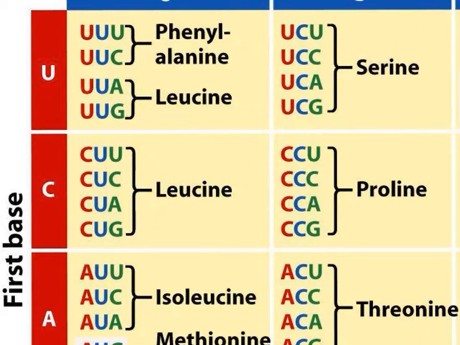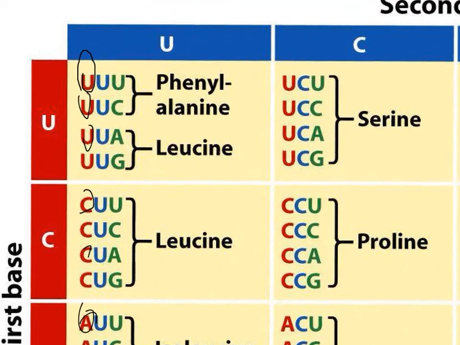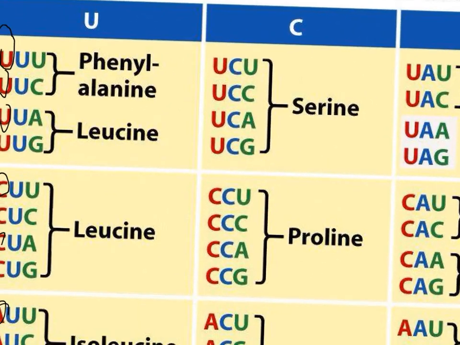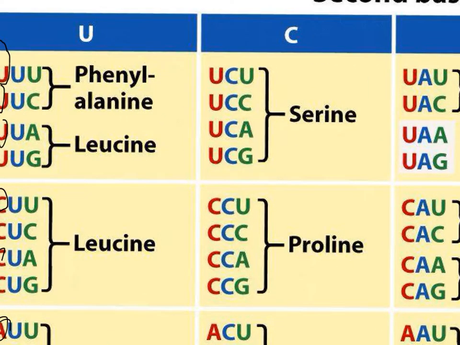The first base is this, that's the U. In this case, this is the C, and then A. Okay? Now, the second base on this chart is the middle base.